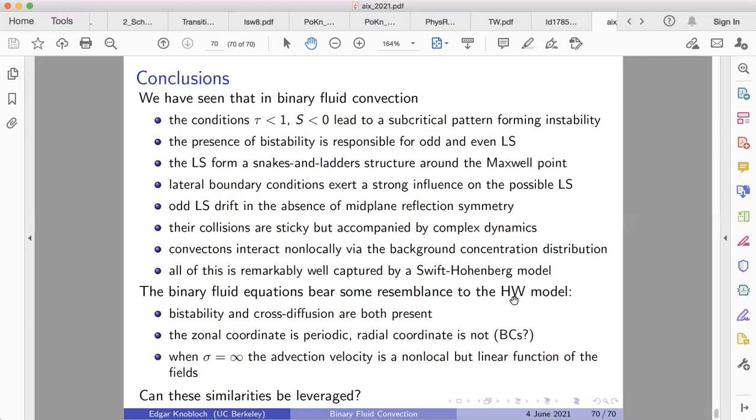Is that a limit that is of particular interest? And with or without the noise, would it be fair to say, what do you see when S is negative? Do you see a situation where you have heat pulses going one way and concentration pulses going the other way?